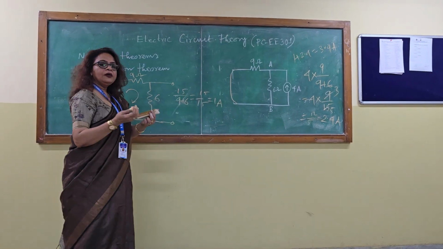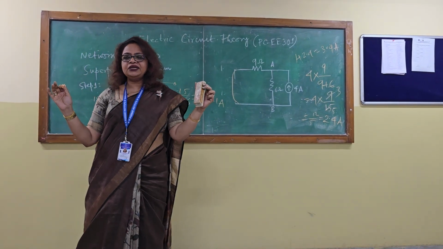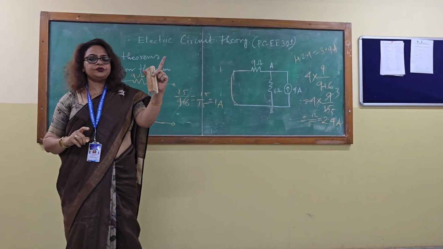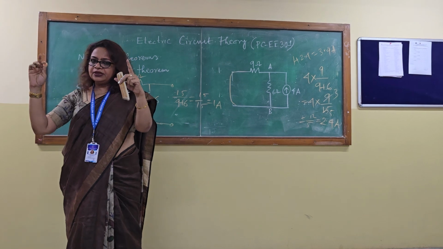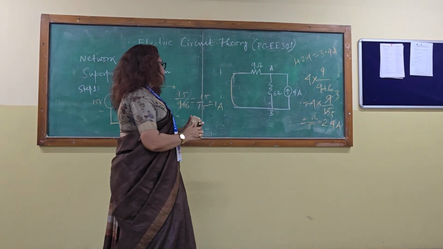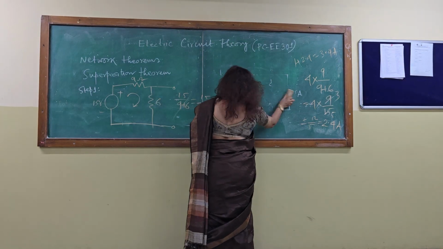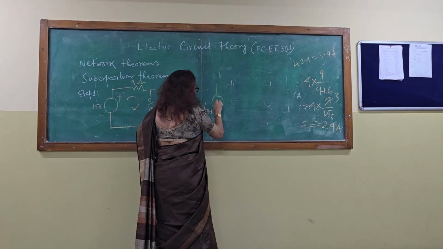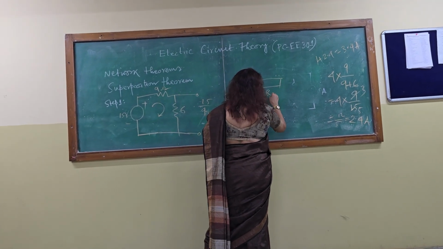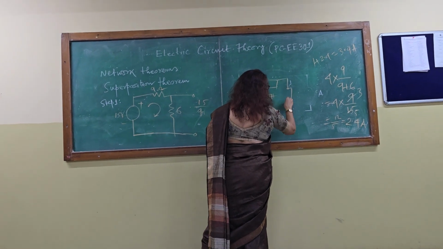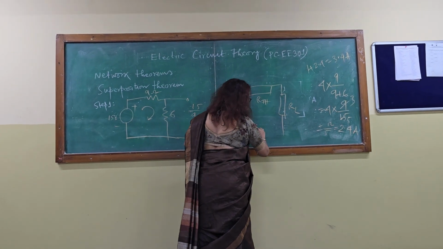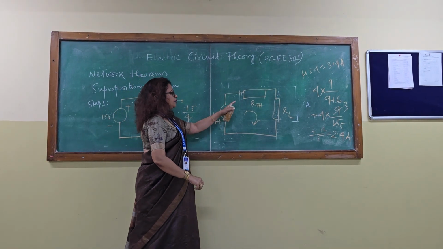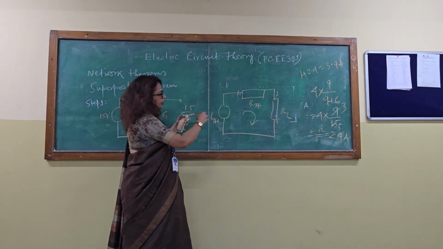Now we come to Thevenin's theorem. What happens in Thevenin's theorem? In Thevenin's theorem, the total circuit is considered as a particular voltage source with a total resistance. The structure of the circuit will be like this: VTH in series with RTH, and the current flowing through the load.